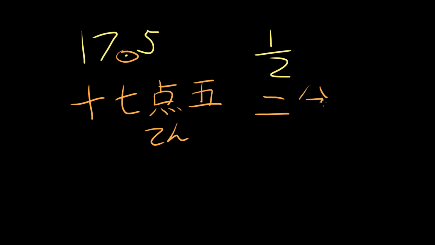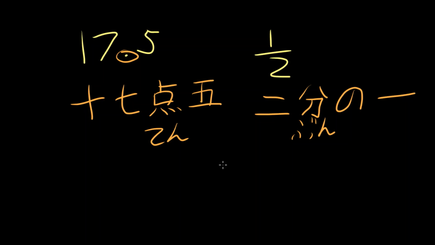Now bun is a character that just means a division. It can mean minute too. But ni bun no ichi. Remember, no is just a possessive marker. So you put the bottom number first, followed by bun no ichi, the number on top.